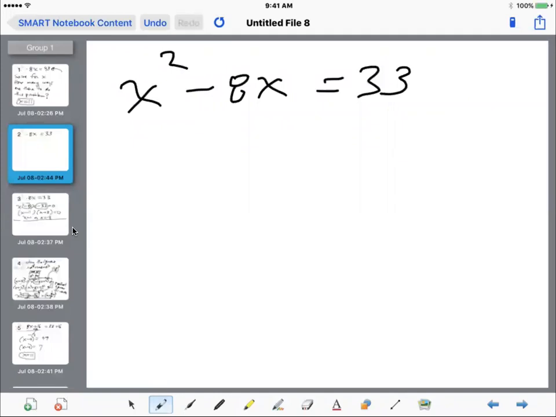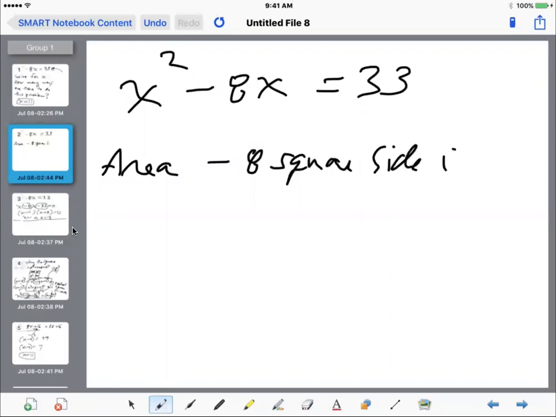But what's notable about this equation that the Babylonians solved and worked on is it's really not a practical question. x squared minus 8x equals 33. I mean, they turned it into a word problem. They might say, I have a square, and the area of the square minus 8 times the square side is 33.